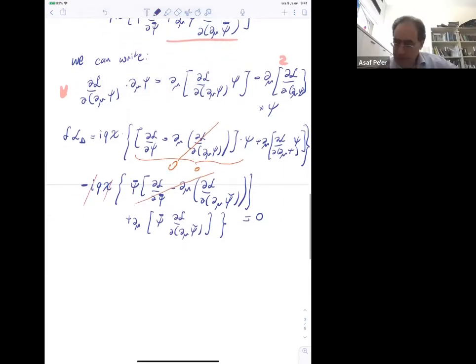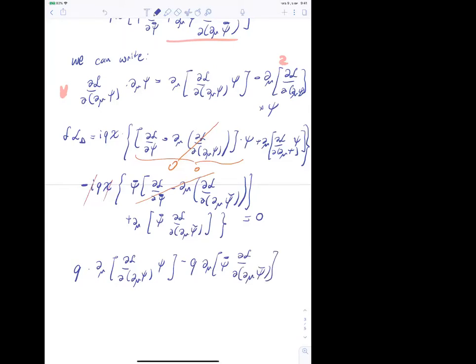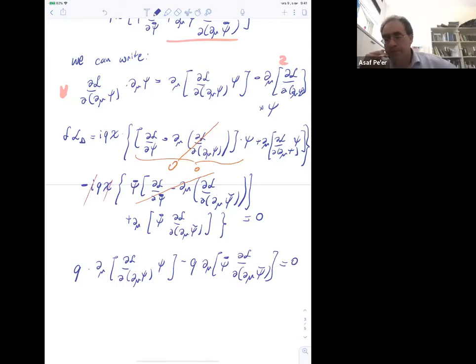So what we have is Q times d mu dL over d mu psi, psi, minus Q d mu psi bar dL over d mu psi bar. And this is equal to 0.